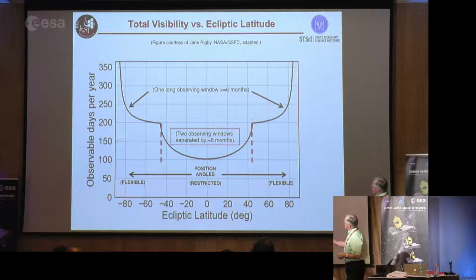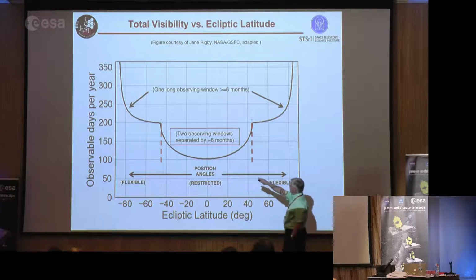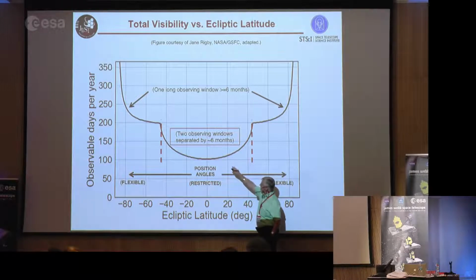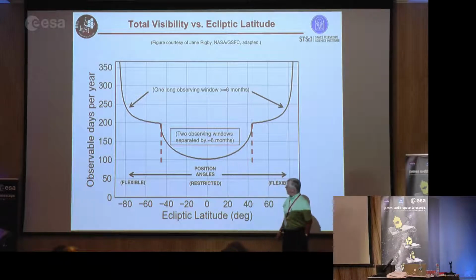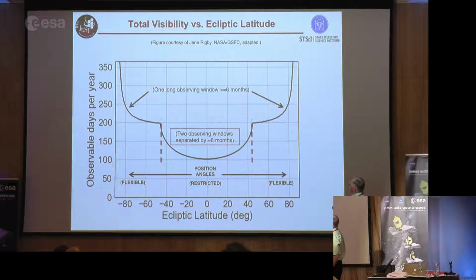Down in this zone, you'll have two observing periods separated by about 6 months on your target. And from the 100-day minimum on this graph, you have at least 50 days in each of those two windows, or possibly more, as you go out toward 45 degrees. And then as you get above 45 degrees, all of a sudden you will see in the visibility plots that you've got one longer window of visibility for your target, and then a long period where you cannot access the target. So your visibility depends a lot on the ecliptic latitude.